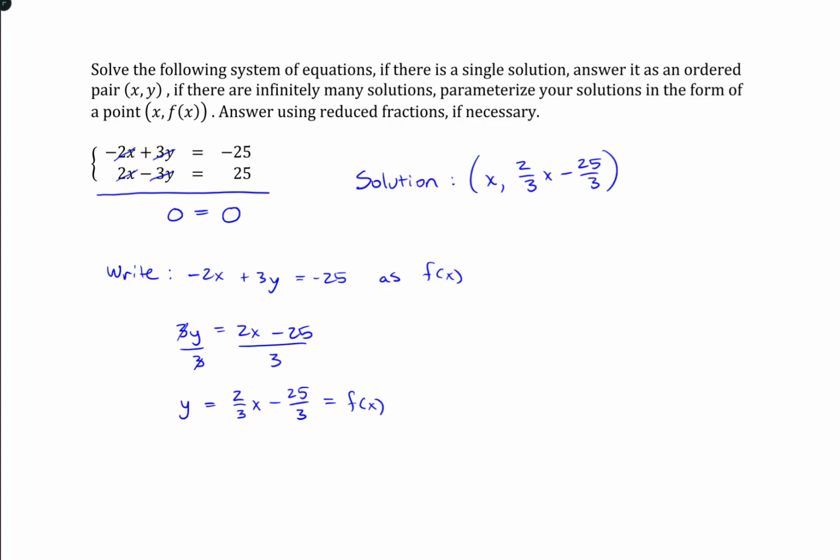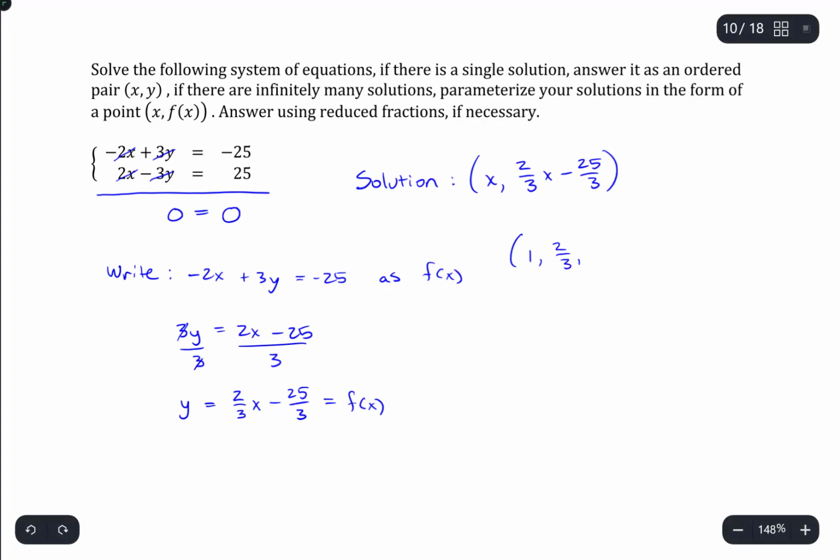So for instance, if you chose 3, actually that won't cancel that out. Possibly 1. Okay, so if I chose 1 for my x value, then 2/3 times 1 would be 2/3 minus 25/3.